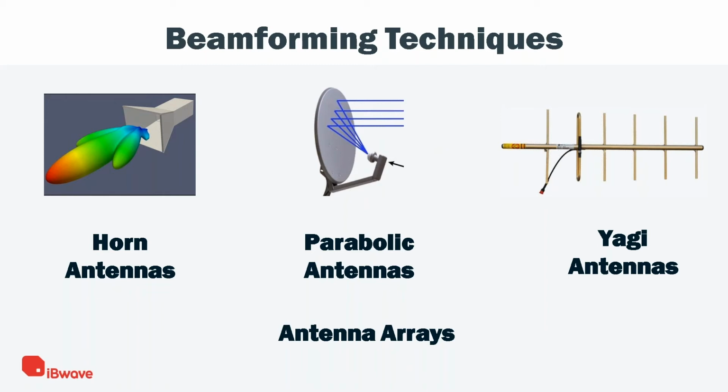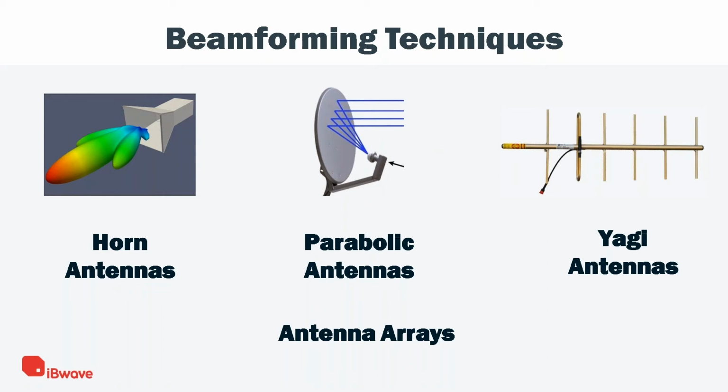There is also the parabolic antenna, which is widely used in satellite communication and radar. And there is a third type, the Yagi antenna. This kind of antenna can also concentrate the received or transmitted energy in one particular direction to improve the beamforming.